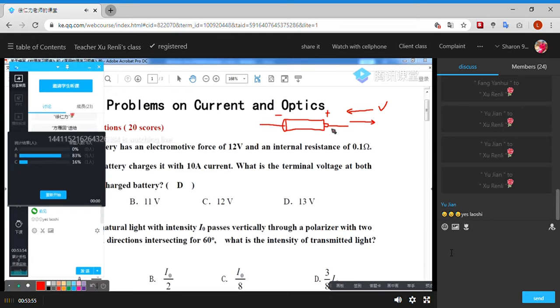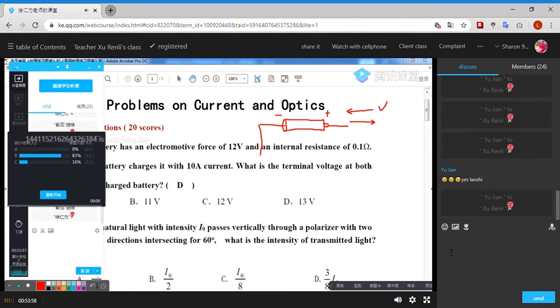Why? Because if we connect this battery to a resistor and a switch, and turn on the switch, this battery will not be charged. This battery will provide power to the resistor.